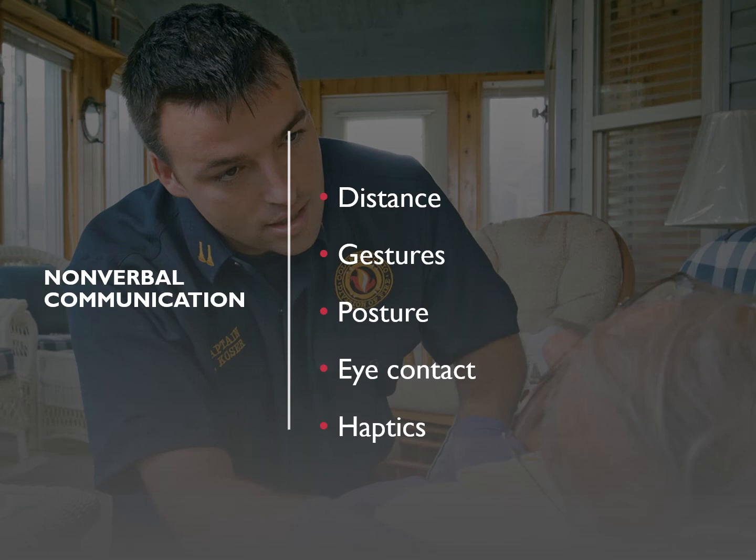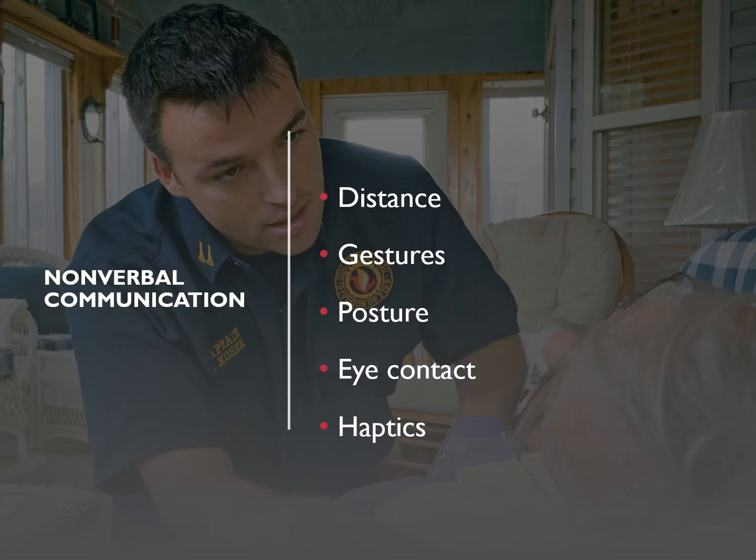Now, nonverbal communication. That's where we're getting into not what we say, but what we put out. Okay, distance. Distance can be something that is learned. I think everybody knows the too close.